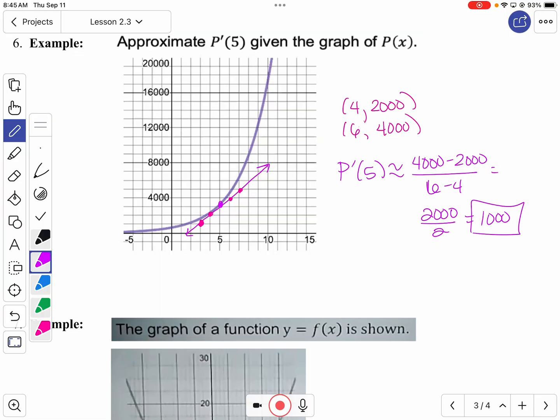So pay attention to the scale. Like I said, if they want you to get it exactly, in terms of an estimate, they will draw the tangent line for you so that you don't have to guesstimate, or it will be linear pieces. Try that next one.